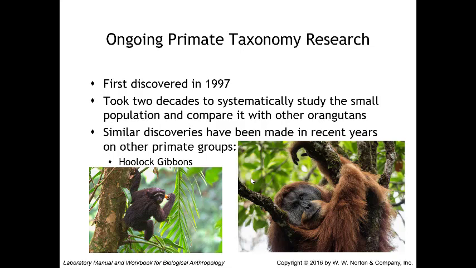They collected that data on the physical traits, the behaviors, and the genetics before they concluded that this population of fewer than 800 orangutans living in the Batang Toru ecosystem of North Sumatra was in fact a distinct species that first diverged from other Sumatran orangutans around 3.4 million years ago, and then became completely isolated around 10,000 to 20,000 years ago. So first discovered in 1997, and it took 20 years for them to fully identify that they were their own separate species.